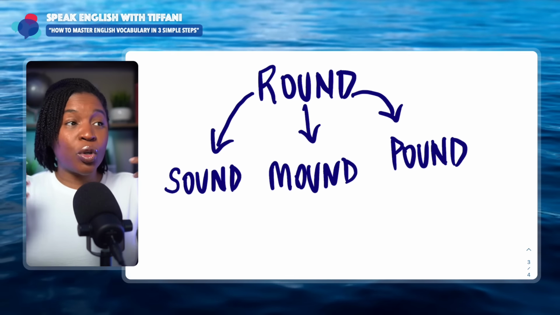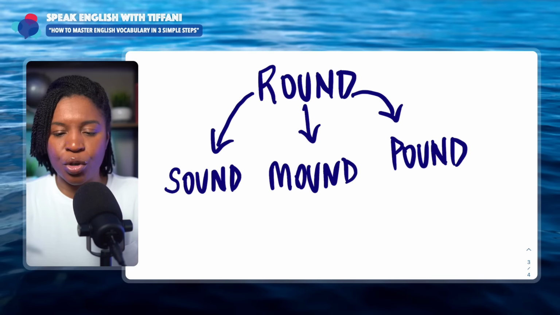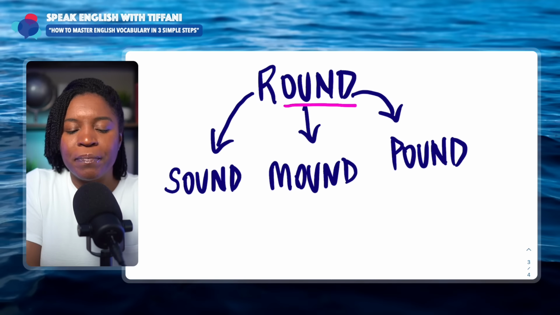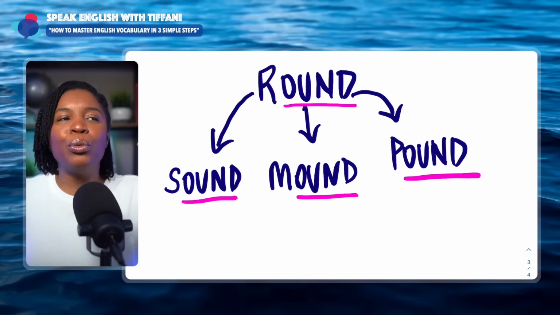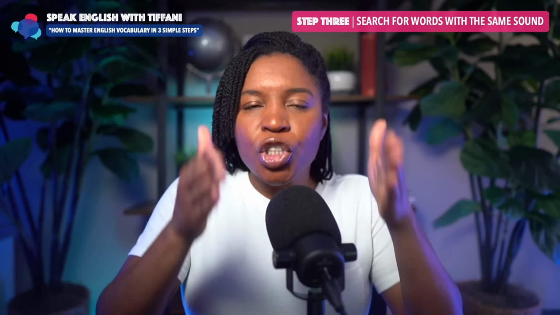Now, I'm able to do this quickly because I've practiced for a long time, but you'll also be able to do this. For example, same sound: ound, ound, round, sound, mound, pound. According to step 3, we're searching for words with the same sound.